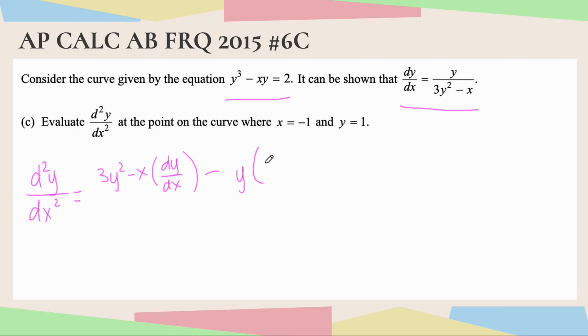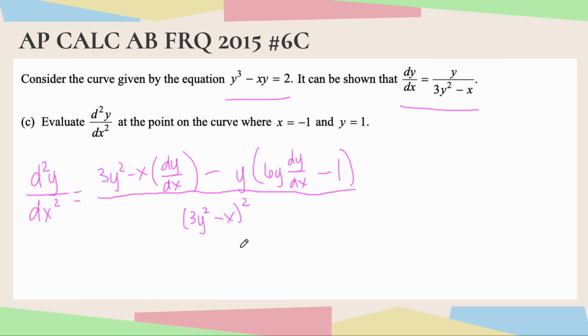Derivative of 3y squared is 6y, remembering again to multiply by dy/dx per implicit differentiation rules. And then we are going to do minus the derivative of x, which is simply 1. Now we're going to put all of this over our denominator squared, so over (3y squared minus x) squared.